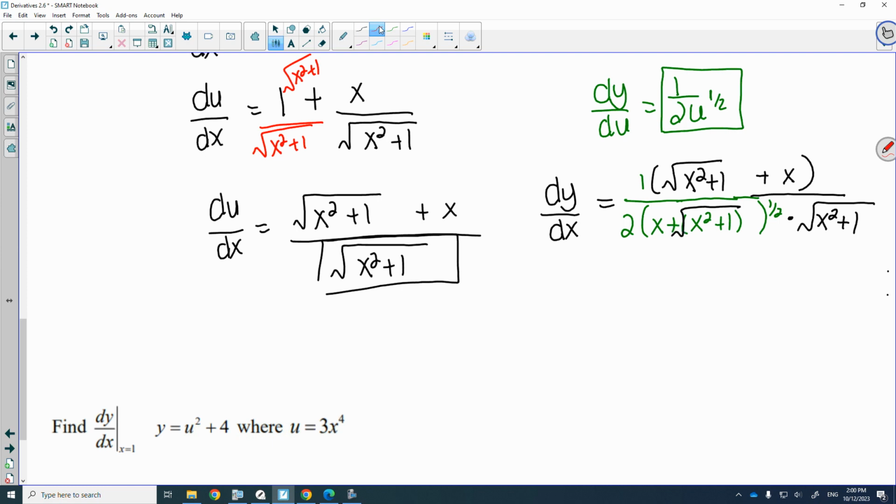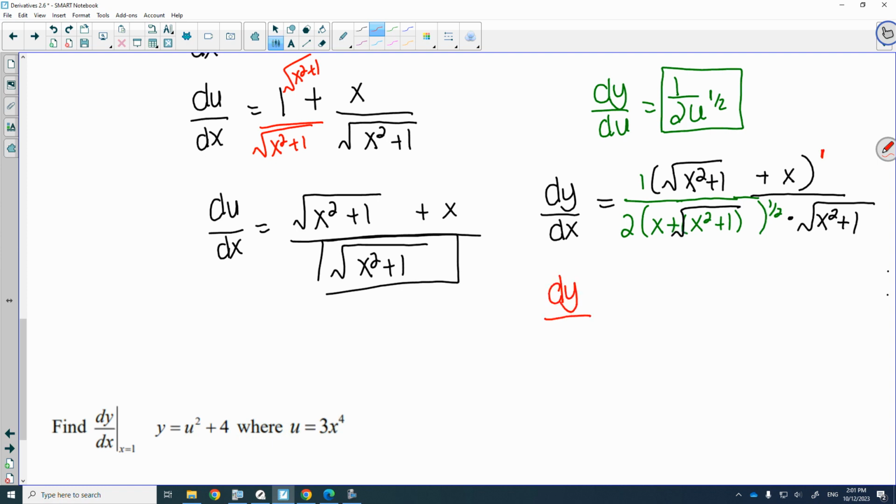This is really to the power of 1, and this is to the power of 1/2. Can I combine these? Yes. I just subtract the exponents. So 1 minus 1/2, what would that give me? Yes, it would give me this bracket to the power of 1/2.